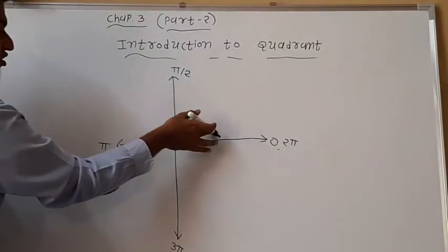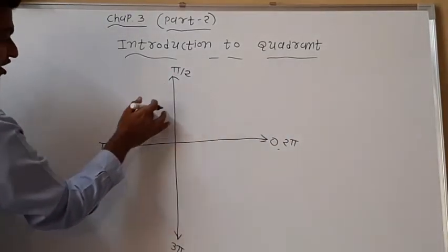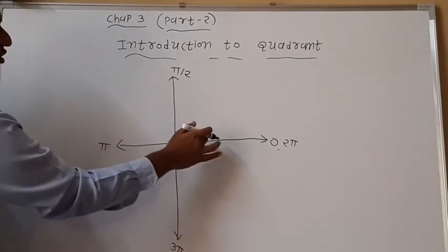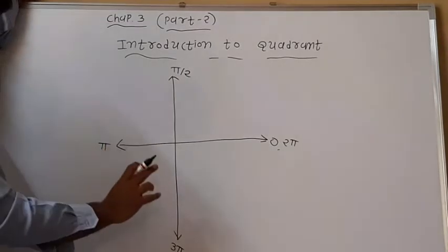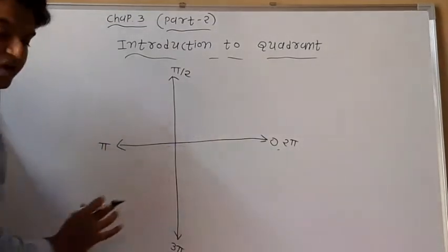Here the circle starts from 0 and moves anti-clockwise and completes one revolution, say 360 degrees, that means 2 pi.